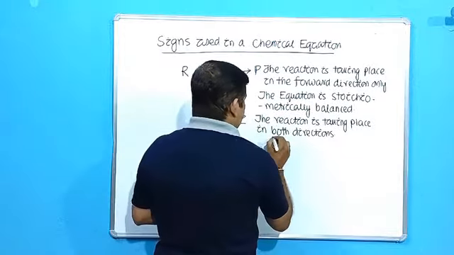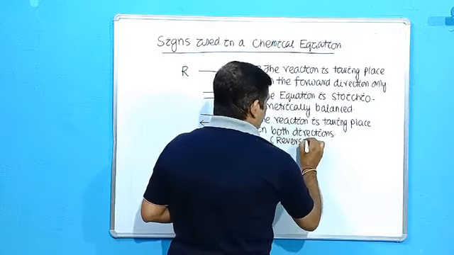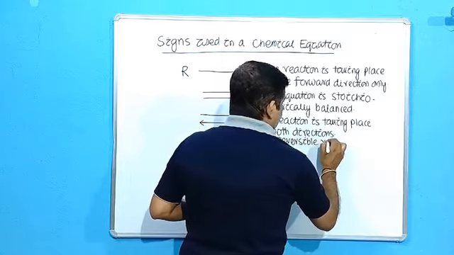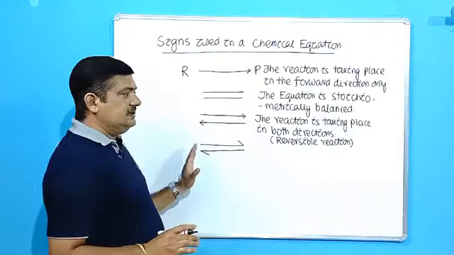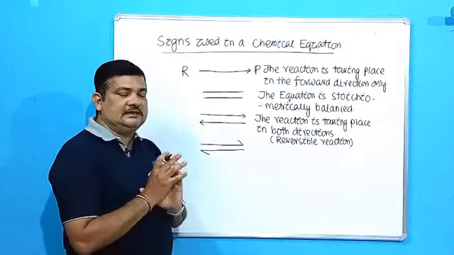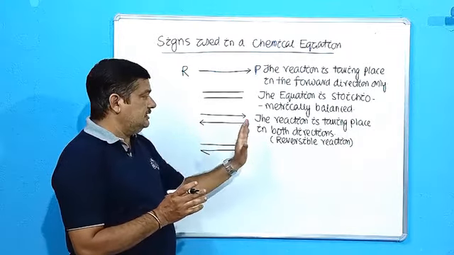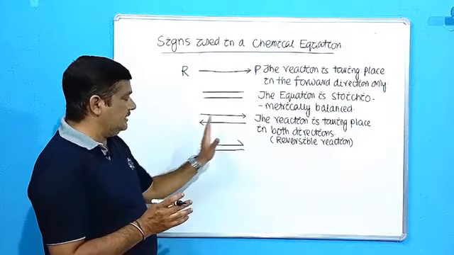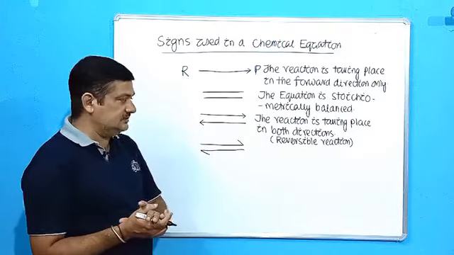So this is called a reversible reaction. That means when the reaction can take place in both the directions, that reaction is called a reversible reaction. So when both arrows are present, it means that the reaction is taking place in both the directions.